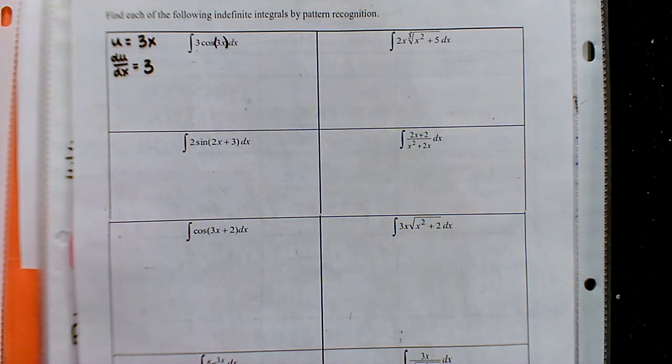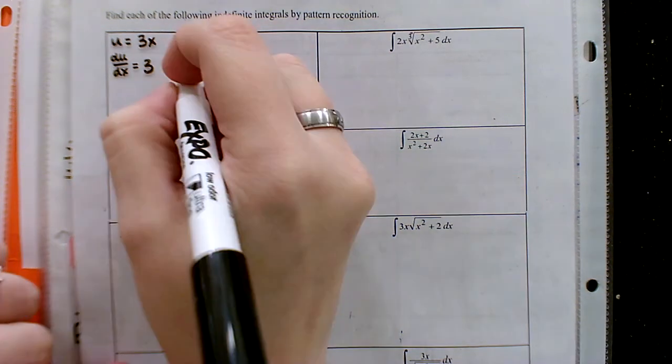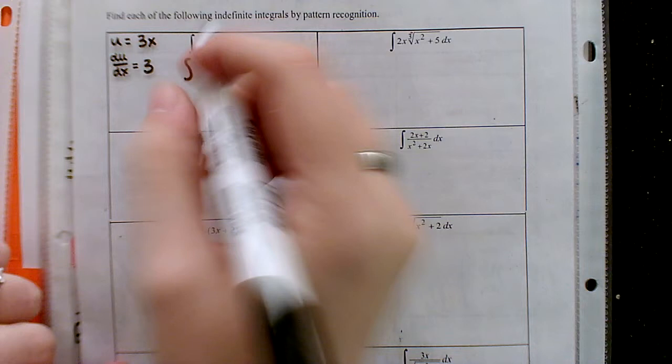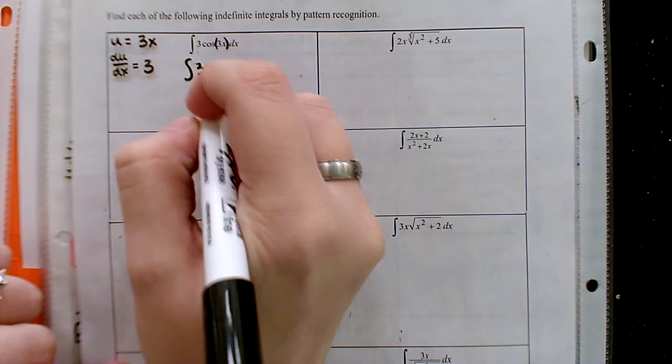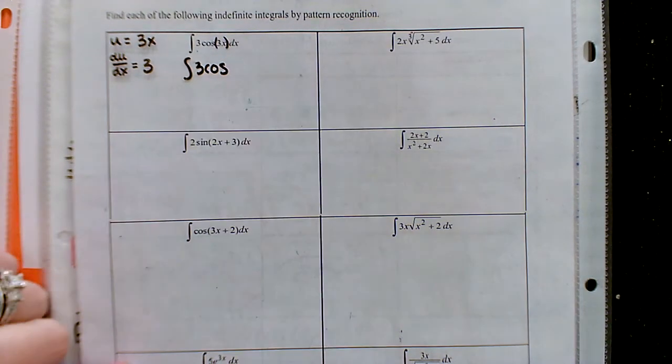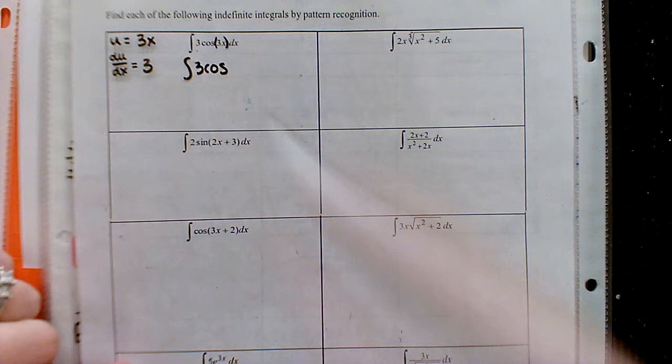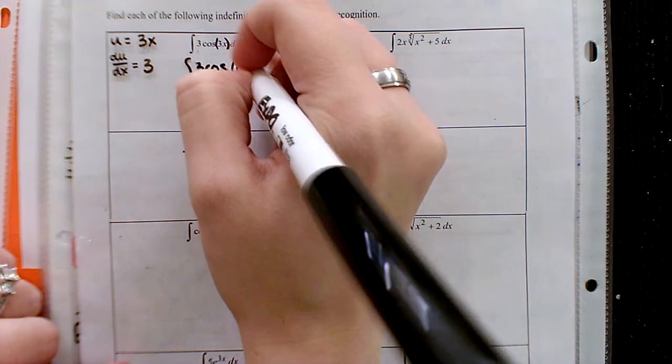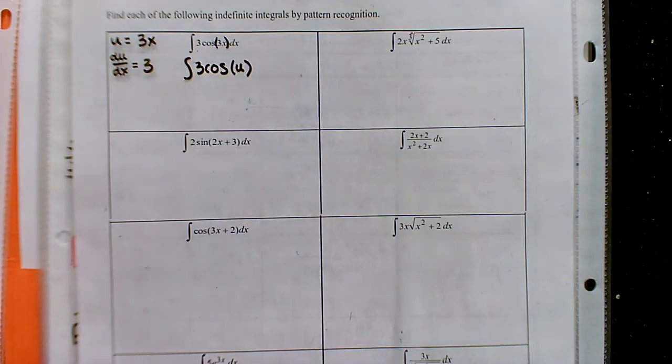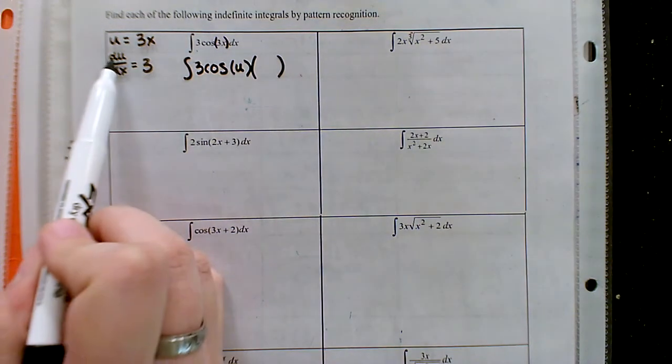So we're going to rewrite the original equation, making sure that we do the appropriate substitutions, and eventually all the x's go away. We're going to keep the 3 in the cosine. Instead of the 3x, we're going to substitute in u. And solving for dx, we would get du over 3.